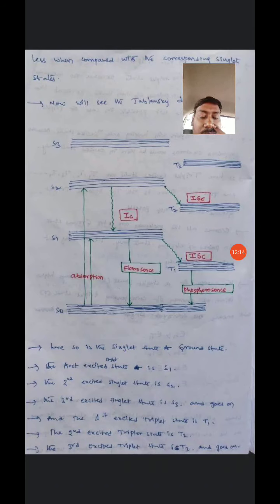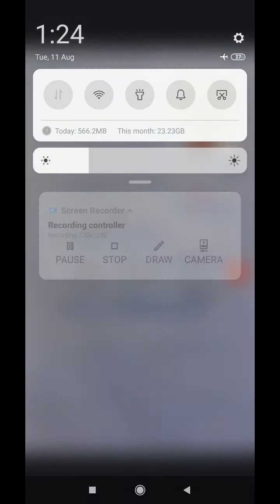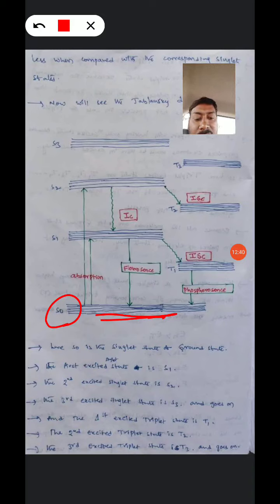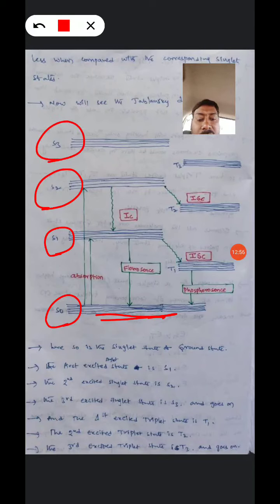So this is the Jablonski diagram. Here S0 is the singlet ground state, S1 is the first excited singlet state, S2 is the second excited singlet state, and S3 is the third excited singlet state.